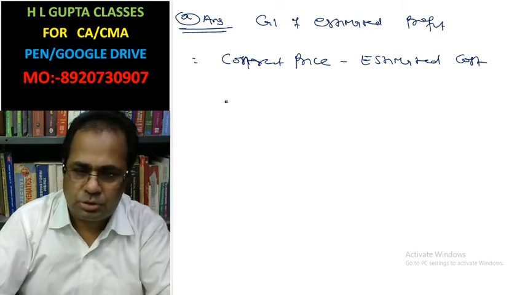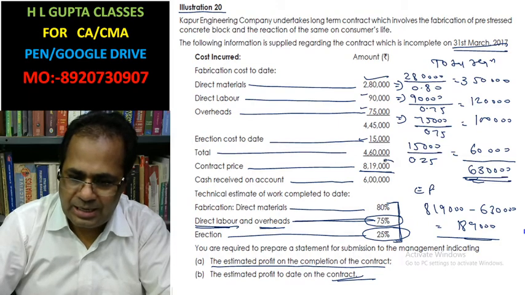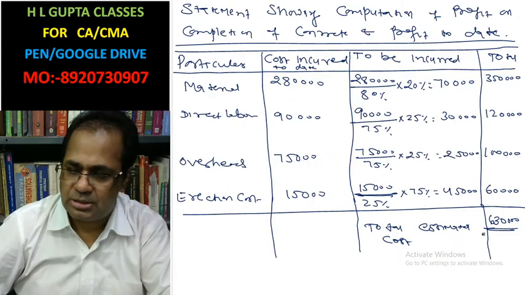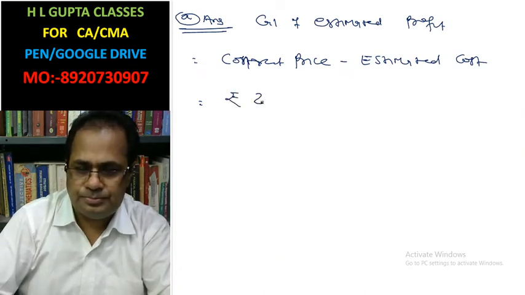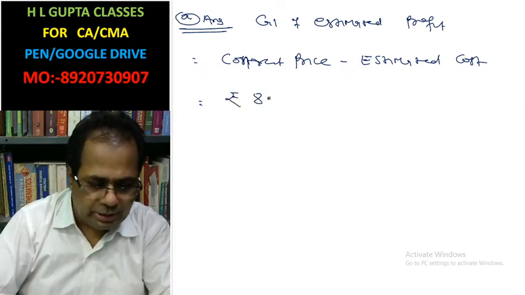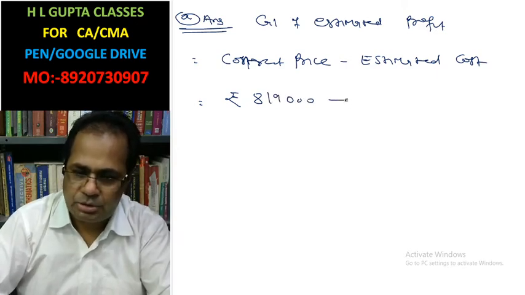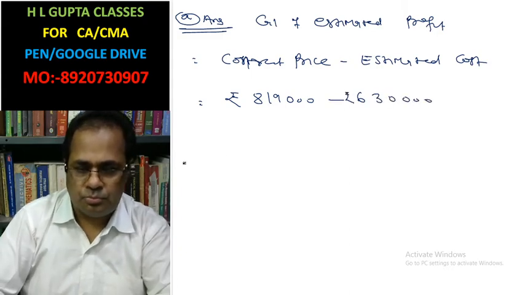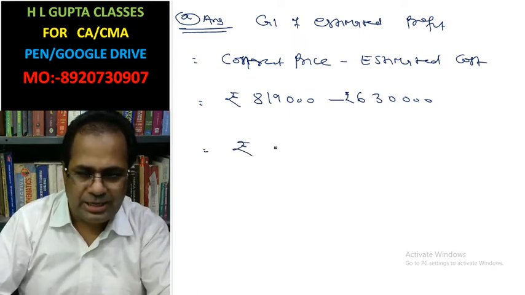Contract price is given as 8,19,000 and estimated cost is 6,30,000, so the estimated profit is rupees 1,89,000.